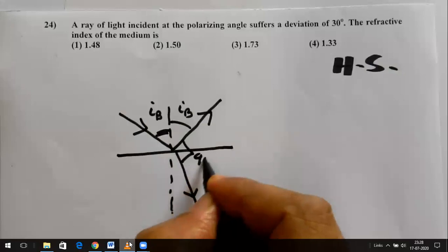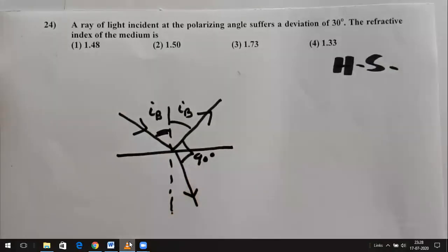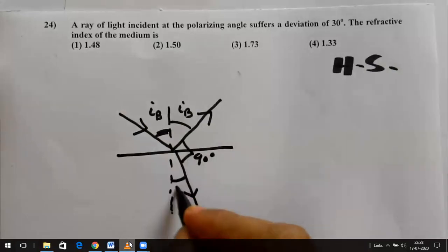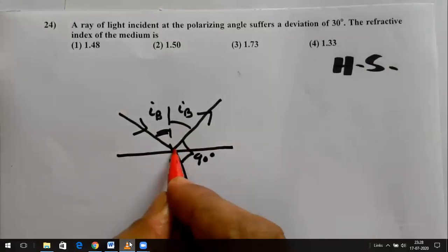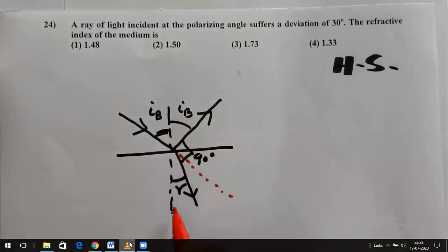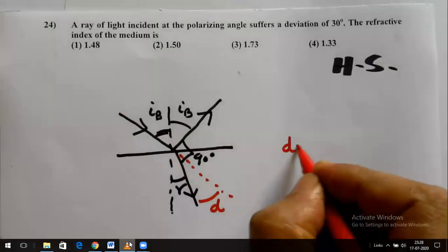These two will be at 90 degrees, and we know Brewster's law. At this condition, if this is the angle of refraction, then we have the angle of deviation, that is the angle between the original direction and the final direction.